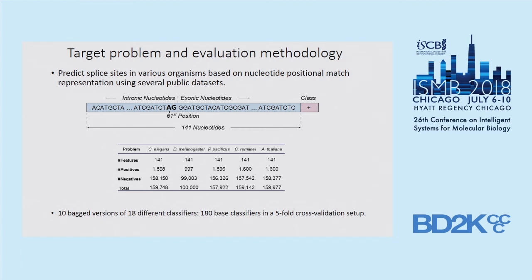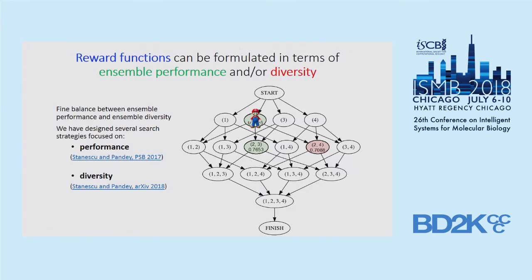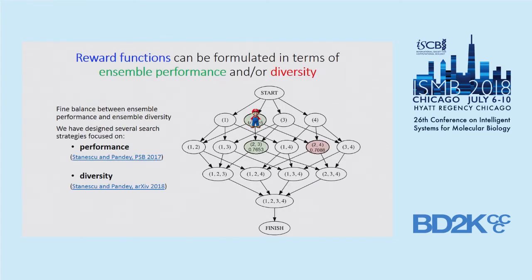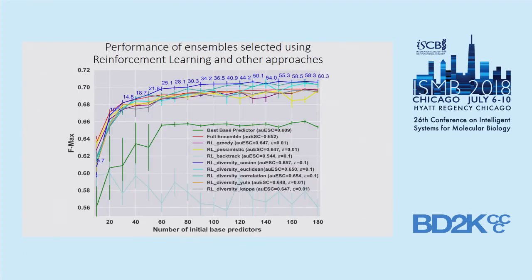Can you talk a little bit more about the algorithms that were used as part of the classifications? The reinforcement learning algorithms? No, the prediction about the splice sites. Oh, so we train 18 popular prediction algorithms like naive Bayes, SVMs, random forest, all these popular algorithms.